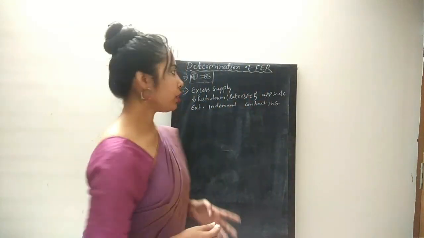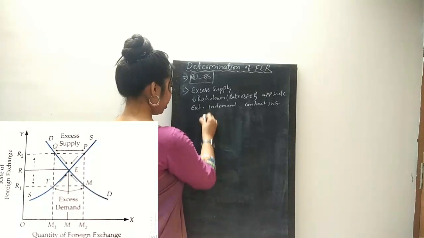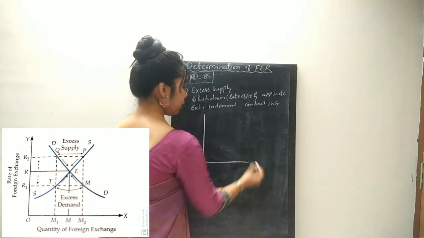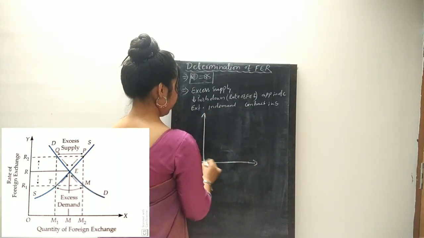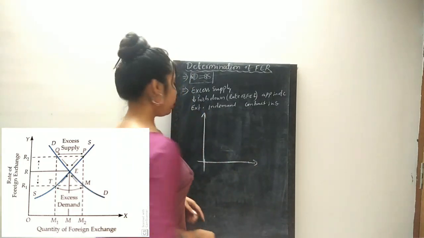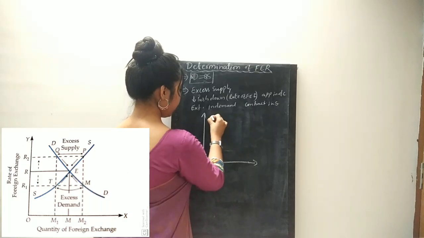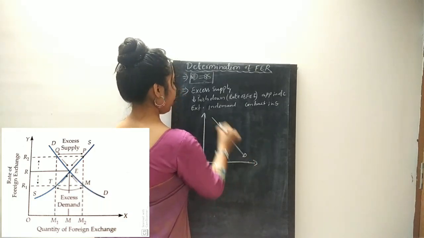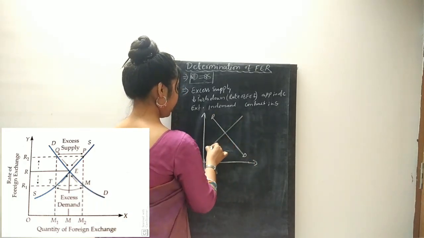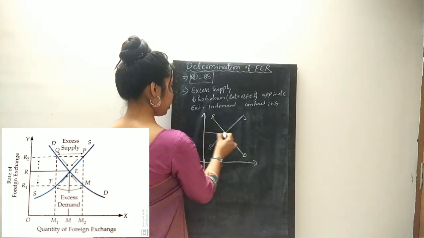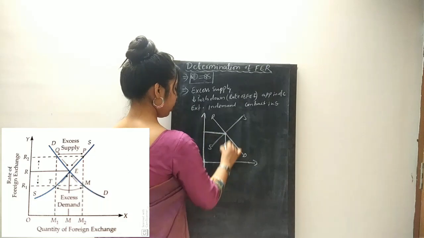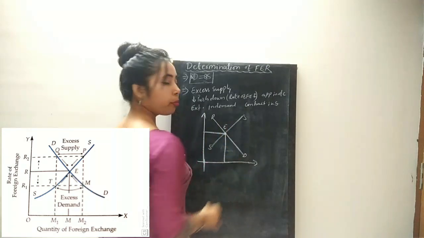To understand this with a diagram, it's a simple diagram as we have done for market equilibrium. Here we write: this is the demand curve, you all know, and this is the supply curve, that you also have an idea of. Where they meet, the intersection point, is known as the equilibrium point.